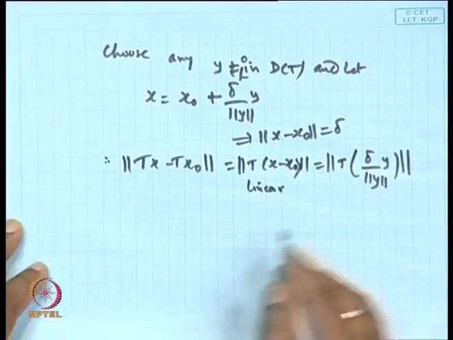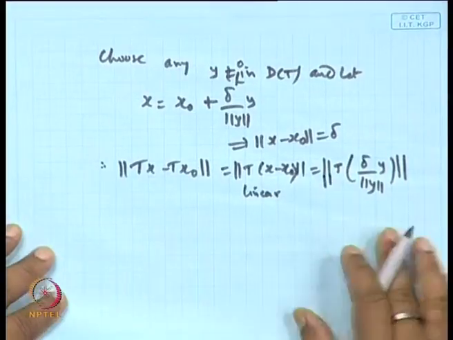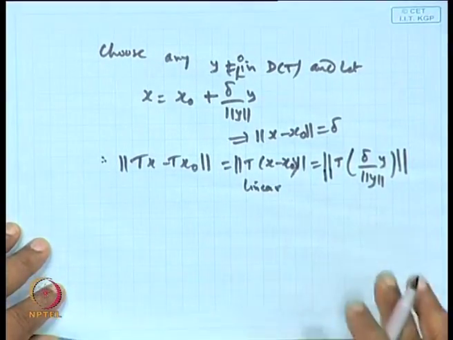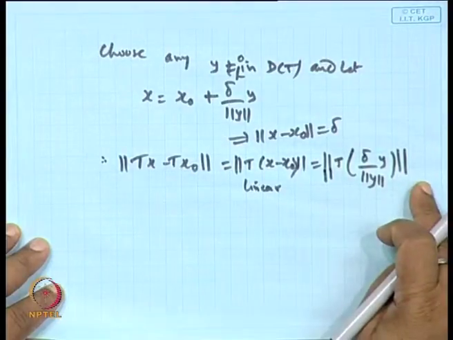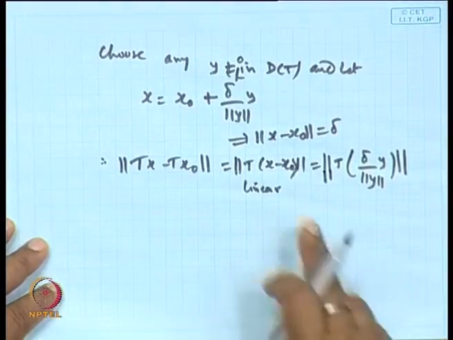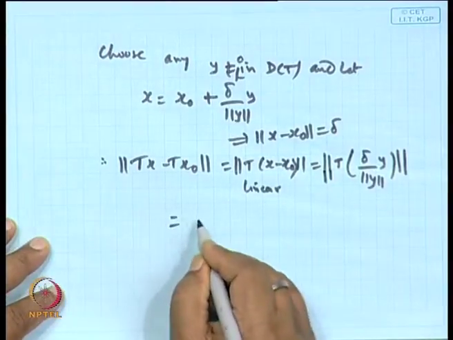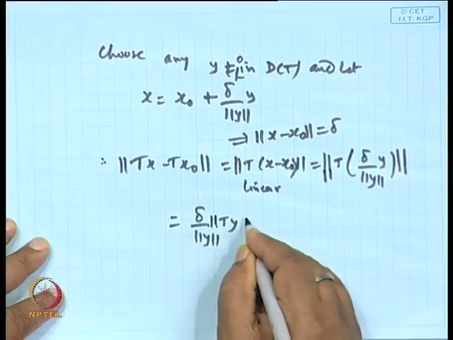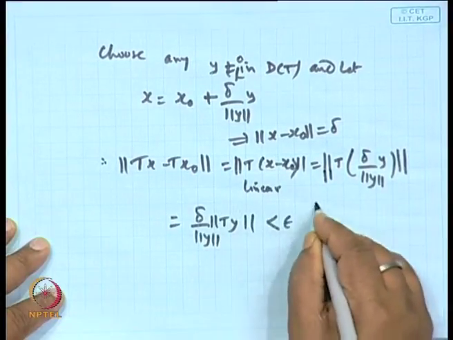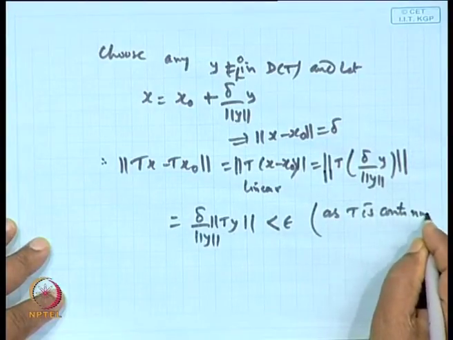And now, since T is given to be continuous, this has to be less than epsilon whenever the norm of this thing is there. So, we are taking this delta over norm y out into T of y. Okay. Now, this is to be less than epsilon as T is continuous. Okay.